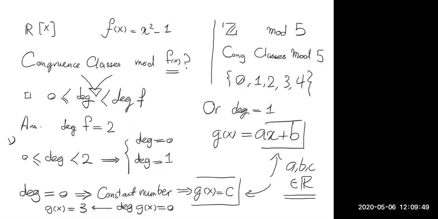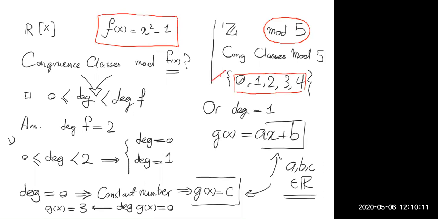Is it clear? So we were supposed to list all the congruence classes mod f, where f is x squared minus 1. Just like the case of integers, where, for example, when we wanted to see all numbers mod 5, the answer was 0, 1, 2, 3, 4, which means we're assuming these numbers are greater or equal than 0 and less than 5.